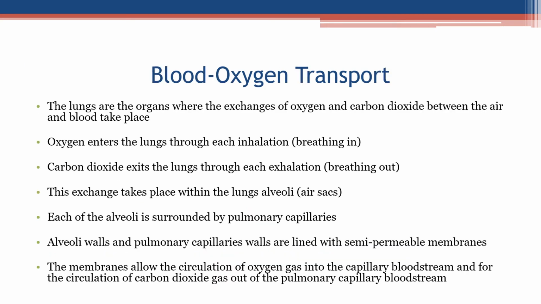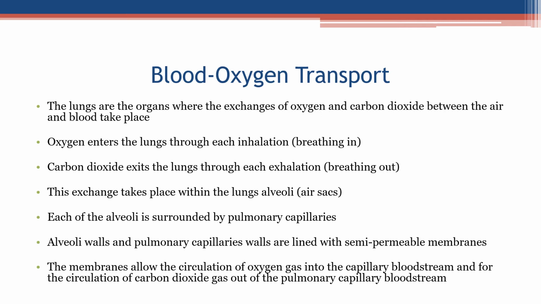Blood oxygen transport. The lungs are the organs where the exchanges of oxygen and carbon dioxide between the air and blood take place. Oxygen enters the lungs through each inhalation, breathing in. Carbon dioxide exits the lungs through each exhalation, breathing out. This exchange takes place within the lungs' alveoli, air sacs.